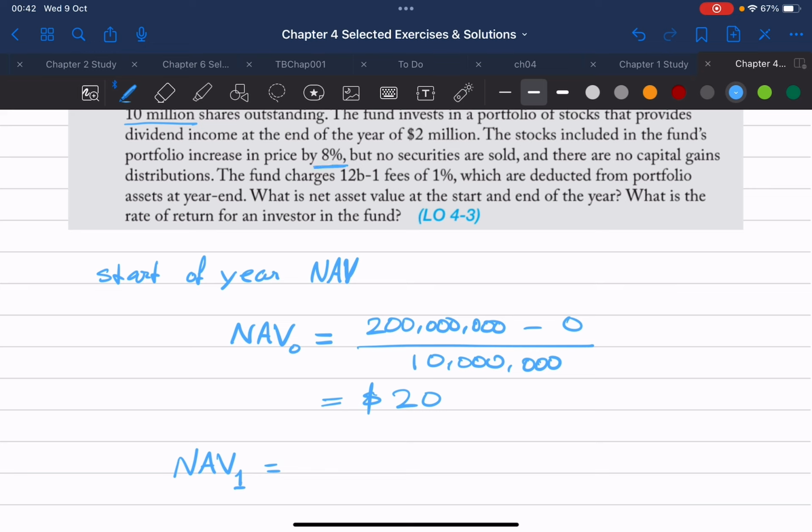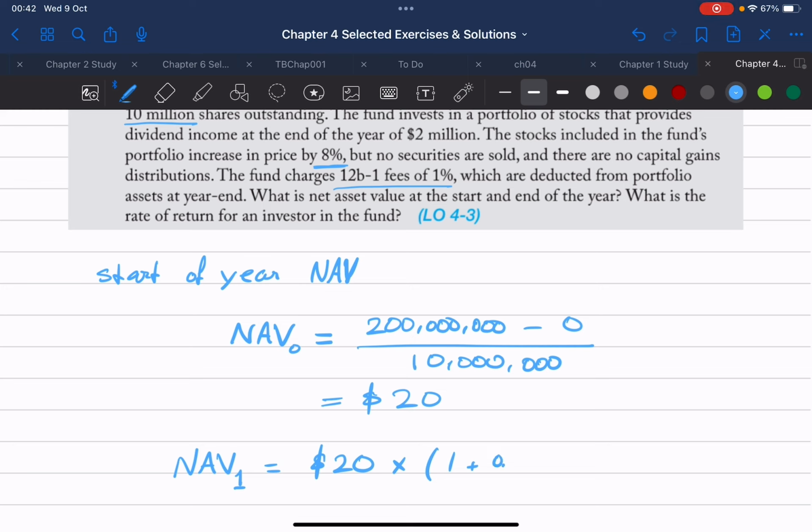And the commission or 12B1 fees of 1% were taken out. Okay, so we could start with the net asset value of the fund at the beginning, which was 20, and then multiply it by 1 plus the rate of return on the stocks, which was 8%.